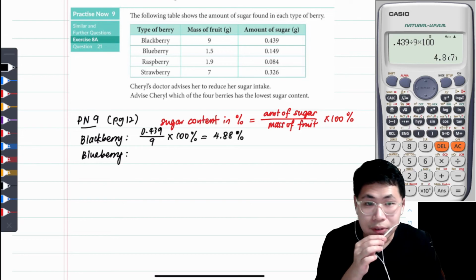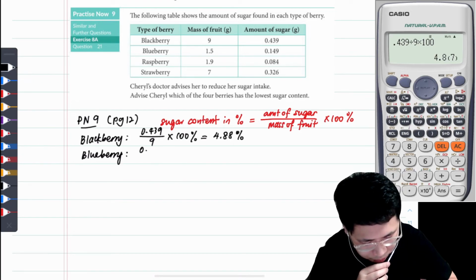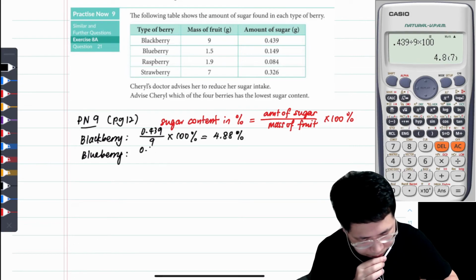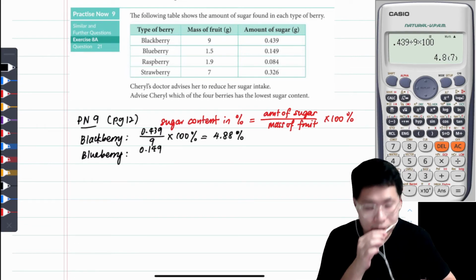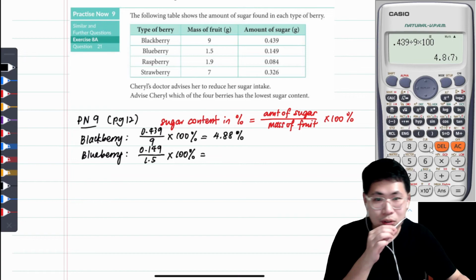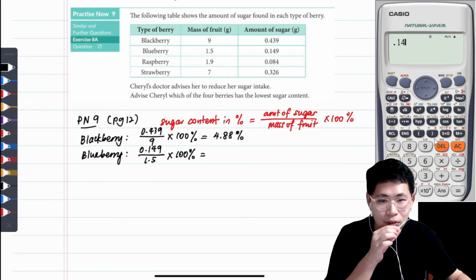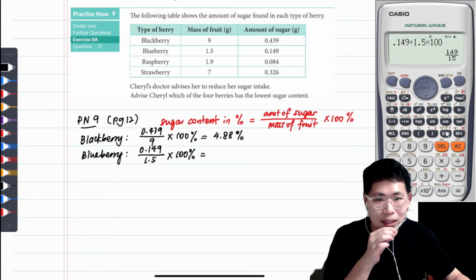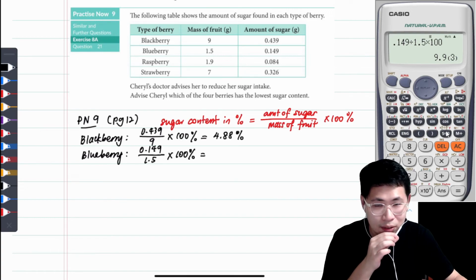For blueberry we have 0.149 over 1.5, times 100%. So we have 9.93333.